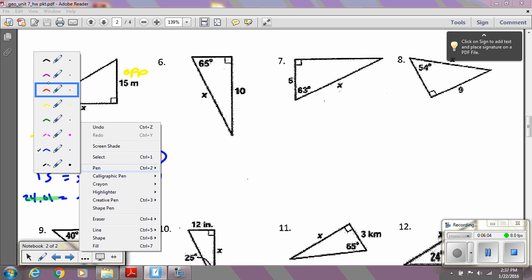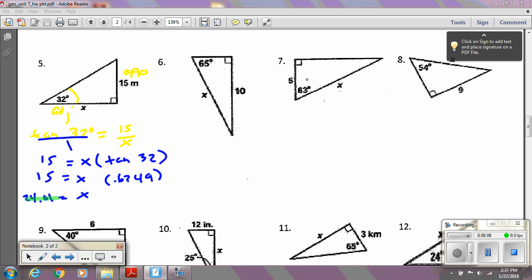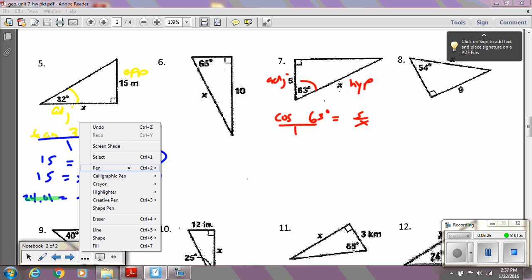So make sure you pay attention to the different setups. All right. My next reference angle on number 7 is 63. I'm given the hypotenuse and the adjacent side. So again, I have cosine 63 is 5 over x. Put it over 1. We cross multiply.